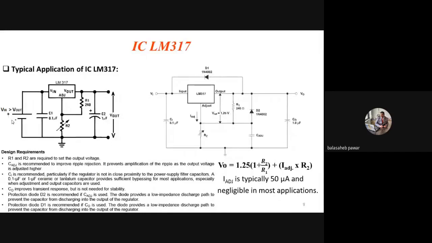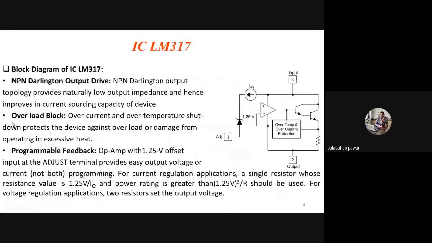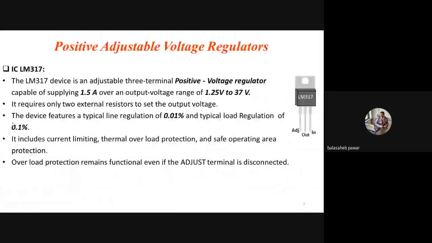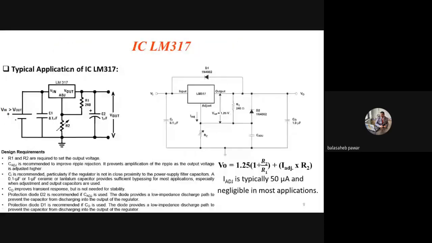You can obtain that DC voltage from any source, by using a rectifier or some other DC sources like solar energy, but it should be a DC voltage. That unregulated DC voltage is applied as V in, so it should get applied to the input pin.